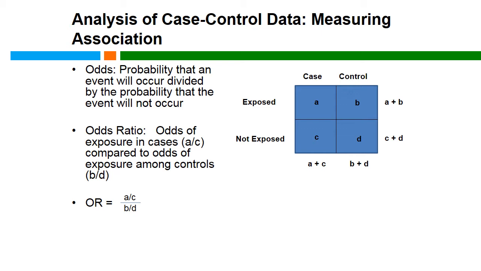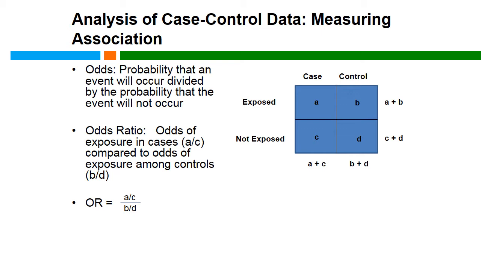This differs fundamentally from a relative risk that we calculated in a cohort study, where in that case the rate of disease development among those that are exposed and those that are unexposed are observed. So these rates are compared. In the case control design, we've already defined the outcome of interest, and we're looking backwards, retrospectively, to calculate the odds that the cases that we've identified were exposed compared to the odds that the controls we've identified have been exposed.